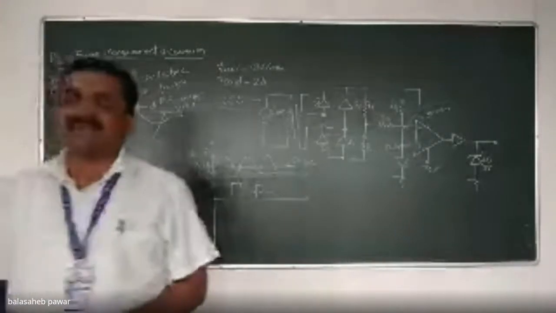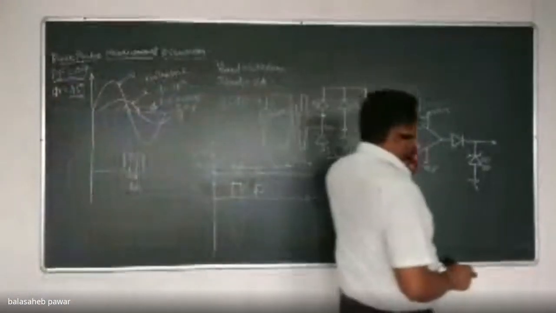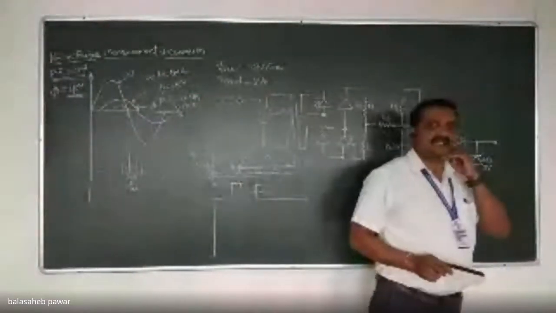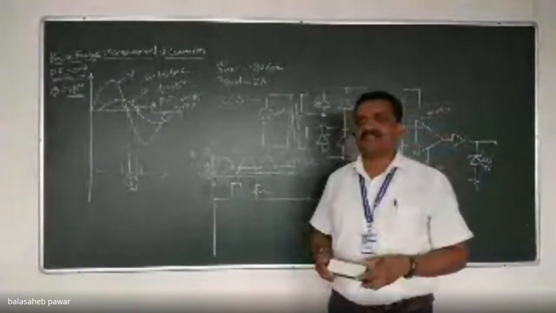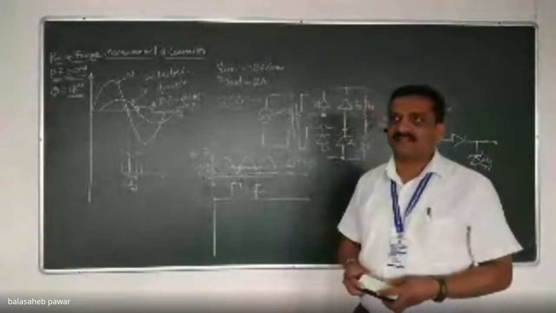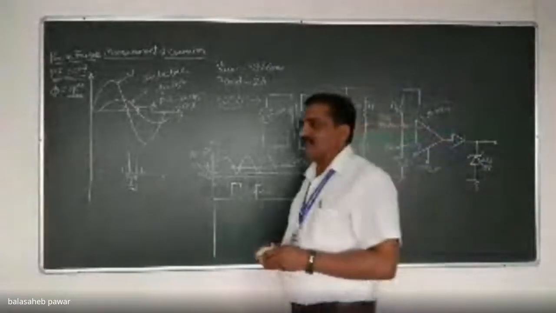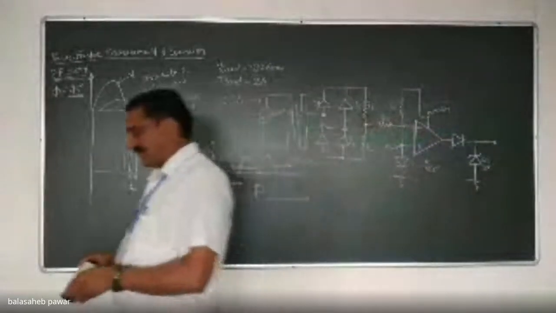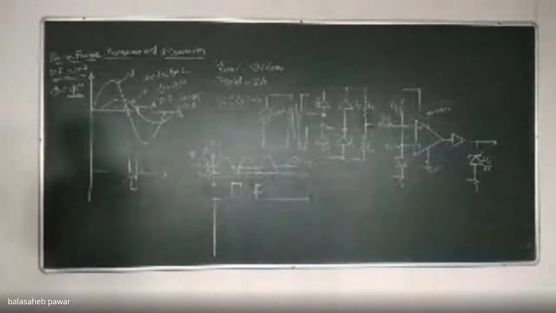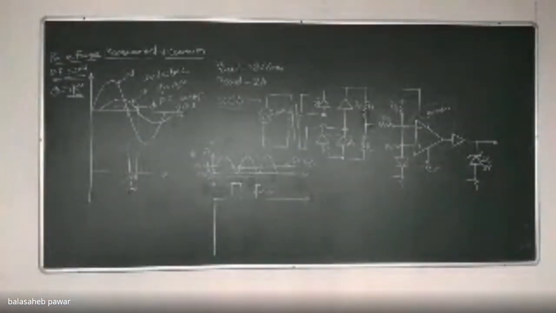So yesterday we discussed how to implement that signal conditioning circuit to sense the voltage waveform by using the zero crossing detector, right? So at this stage, you might now be familiar with exactly what is meant by signal conditioning circuit, right?